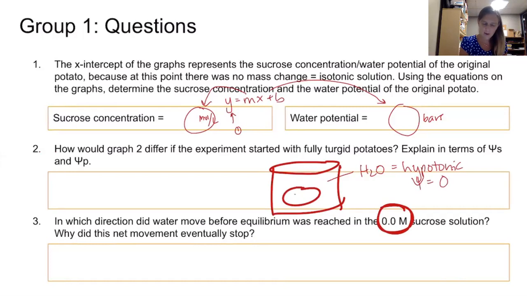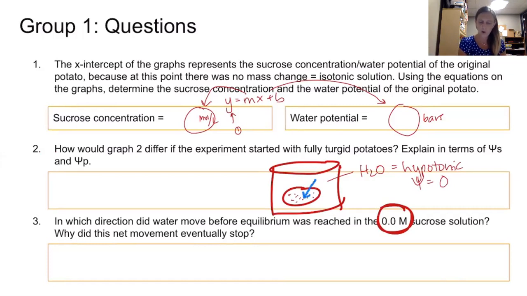The potato has some solutes in it, right? And in fact, we calculated it to be about 0.23 moles per liter of sucrose in that potato. So what that means is that, again, water is going to flow into the potato.